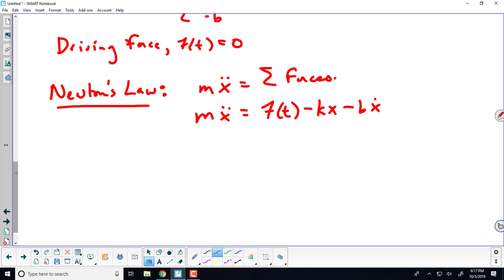Okay. So this is how you would come up with that harmonic oscillator for this scenario.